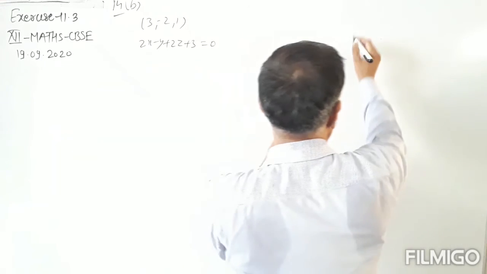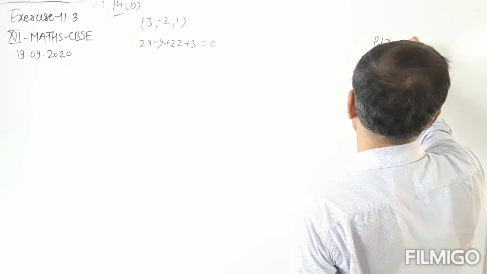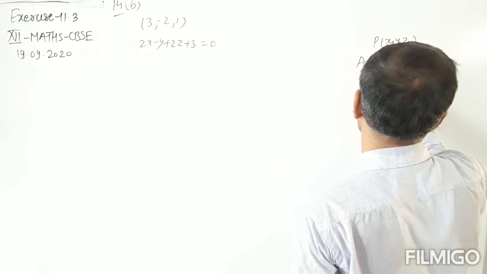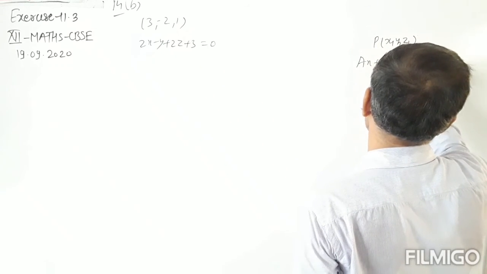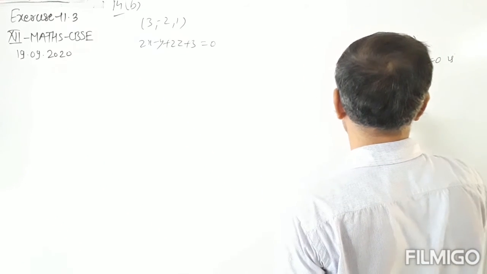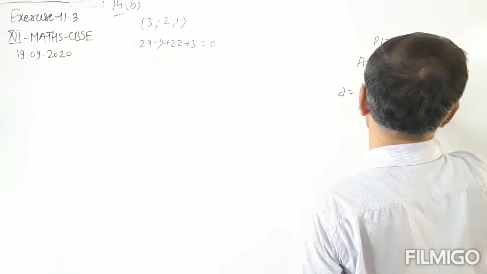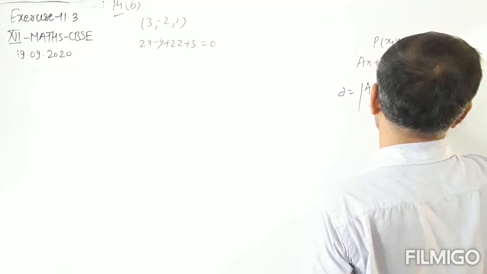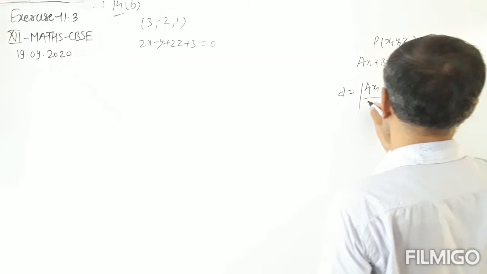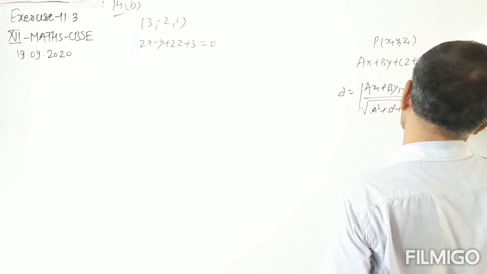So let us discuss the formula. The distance of the point P(x1, y1, z1) from the plane ax plus by plus cz plus d equals 0 is the positive value of a x1 plus b y1 plus c z1 plus d divided by under root a square plus b square plus c square.